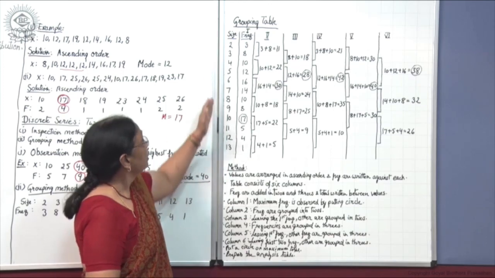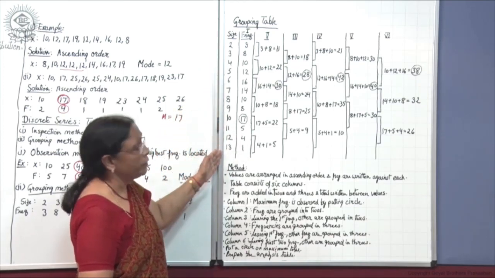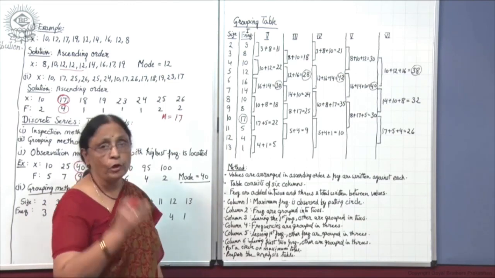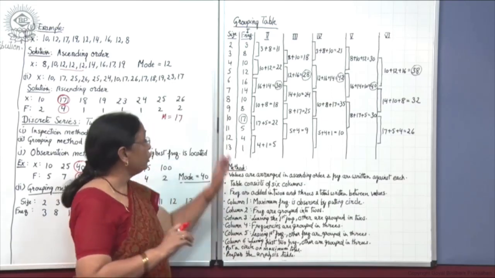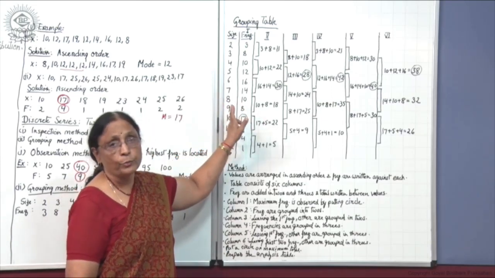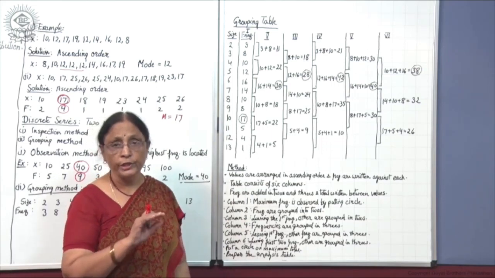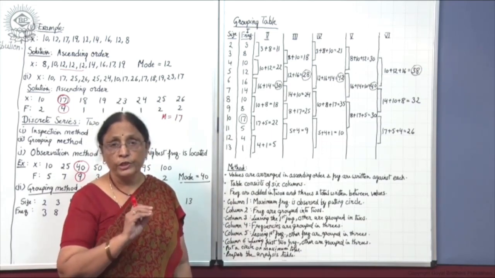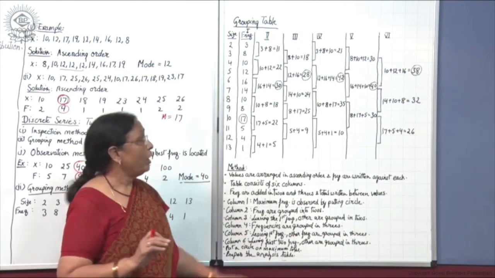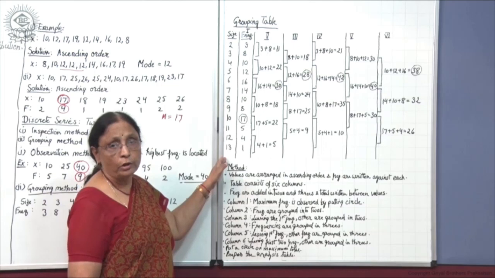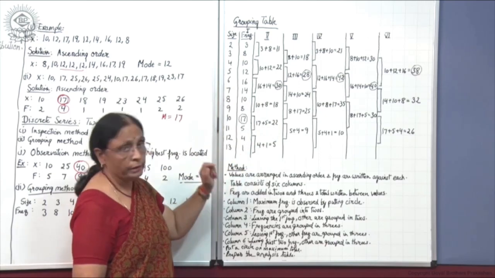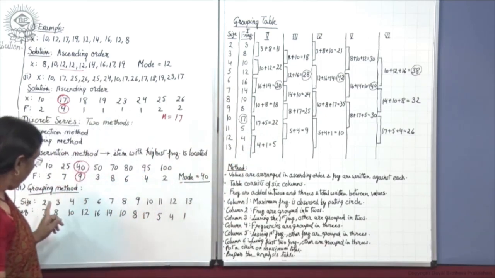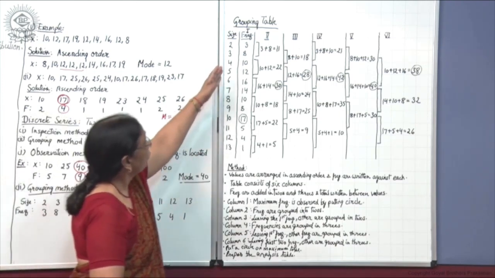If it is not given, first arrange the values in ascending order, and then write down the corresponding frequency in front of the values. You do not have to arrange the frequency, remember well. Do not touch the frequency, do not mix it up. You arrange only the X column, and then the corresponding frequency has to be written. In our example, as this is already in ascending order, we have just copied down the frequency in the same order.